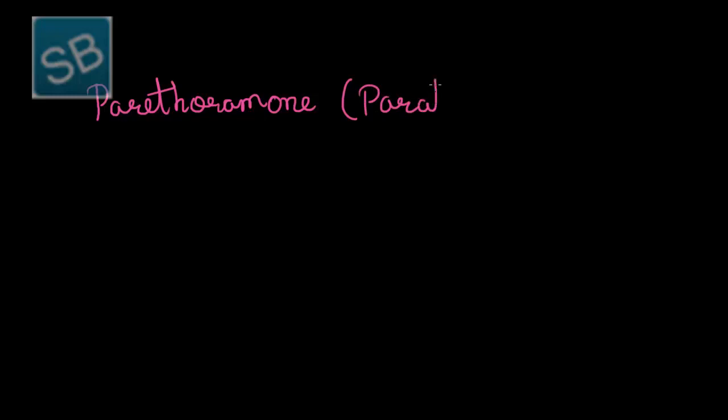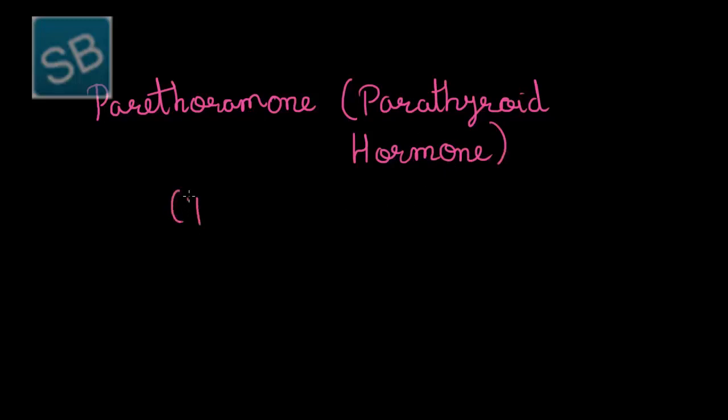The parathyroid gland secretes only one hormone, that is parathormone, which is also known as parathyroid hormone. Thus, this parathyroid hormone or parathormone is known as PTH.